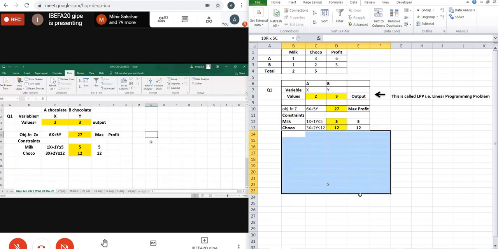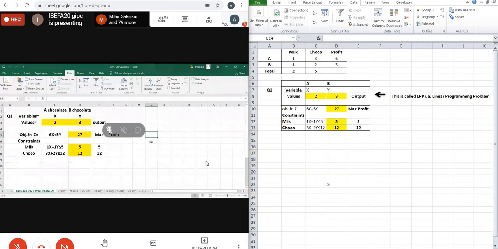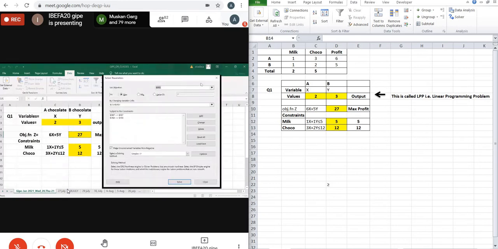Any question? Sir, I can't get how to add the constraint in the solver. Add. Okay, click on add. And one by one you have to give. Okay, sir.